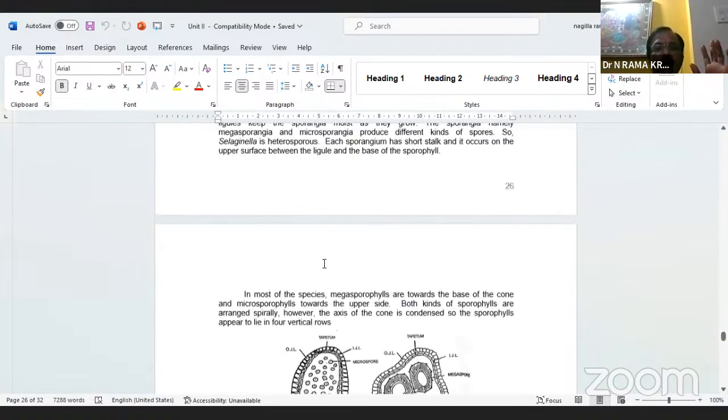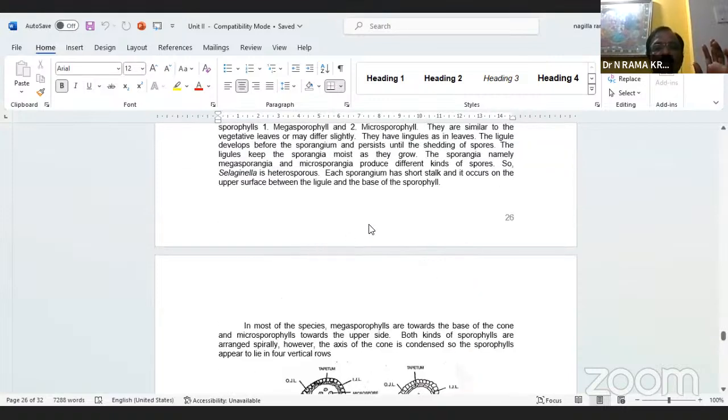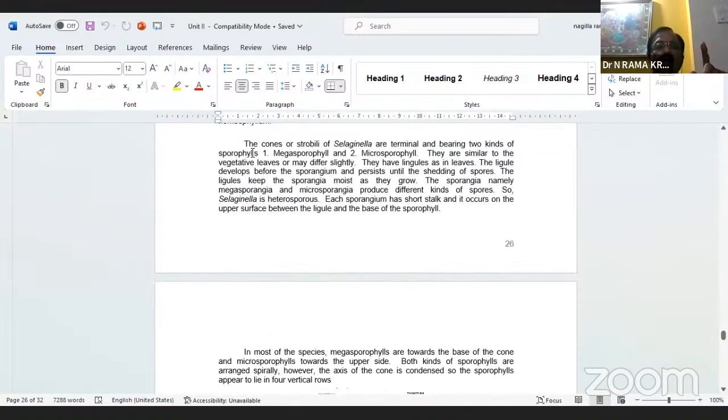Now you see here, the cones of Selaginella at the terminal bear two kinds of sporophylls. Sporophylls contain the sporangium. Phyll means leaf, so these are leaf-like structures.